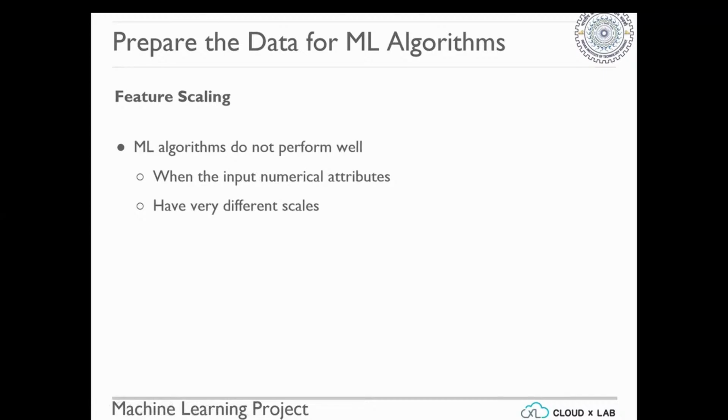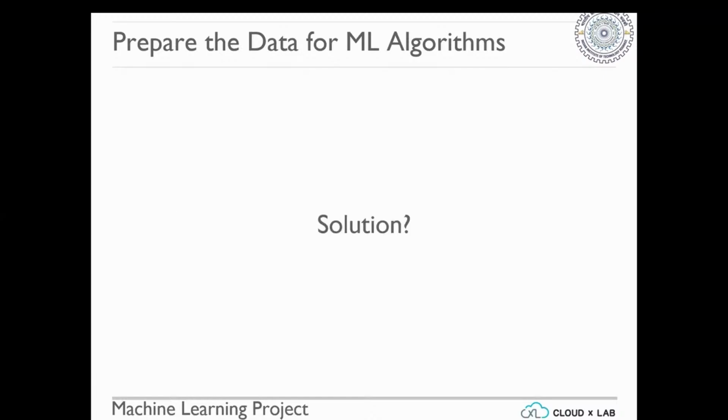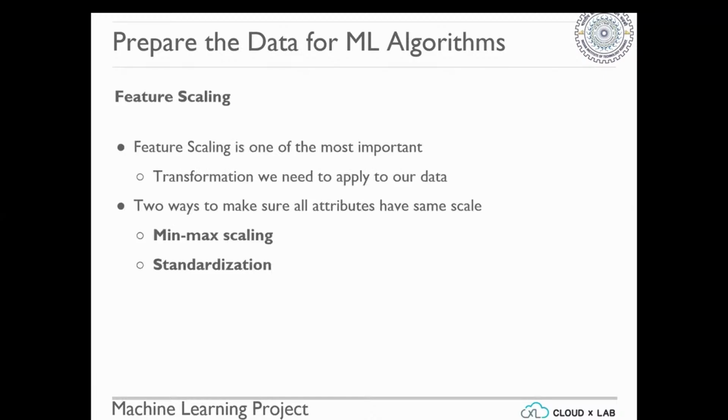This feature scaling we can only apply if we have numerical attributes, and if attributes have different scales, then we use feature scaling as a pre-processing step, right? Here we will see two methods: the first is min-max scaling, and the second is standardization, right?